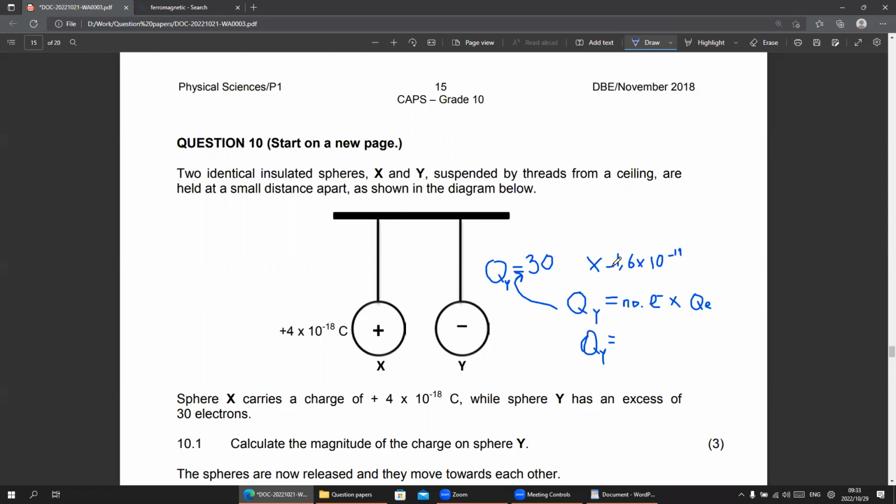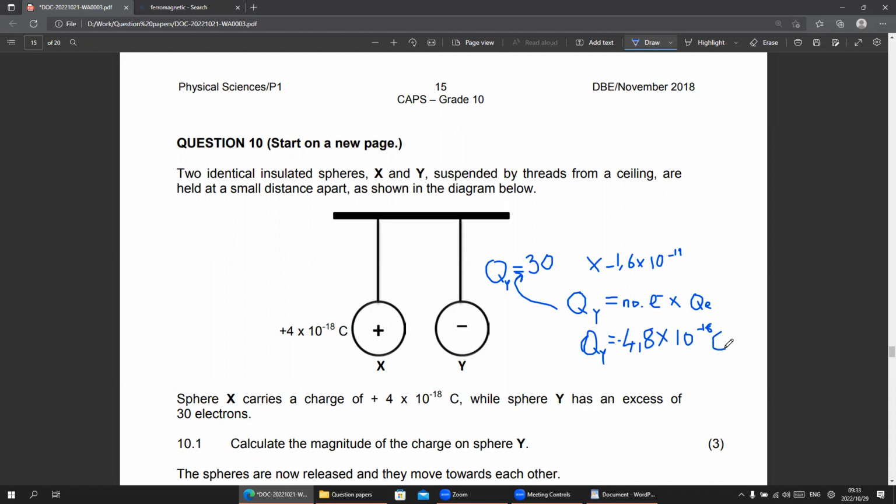So I got negative 4.8 times 10 to the exponent negative 18 coulombs.